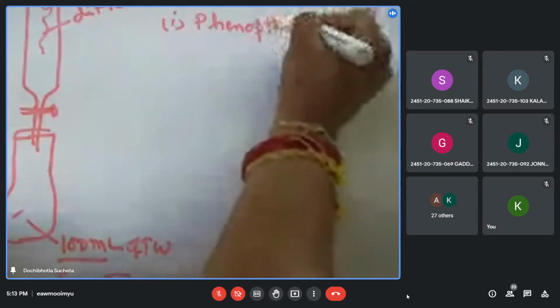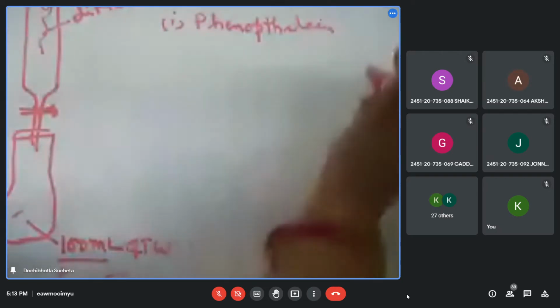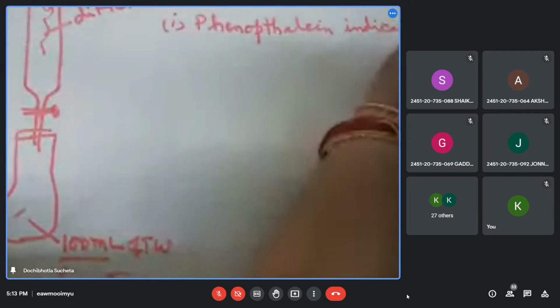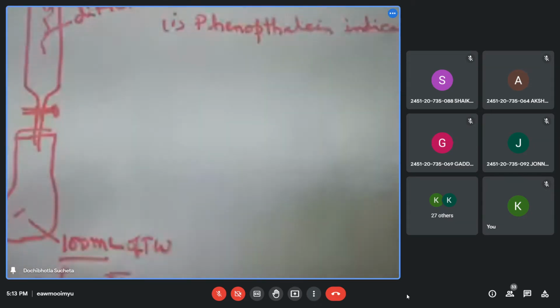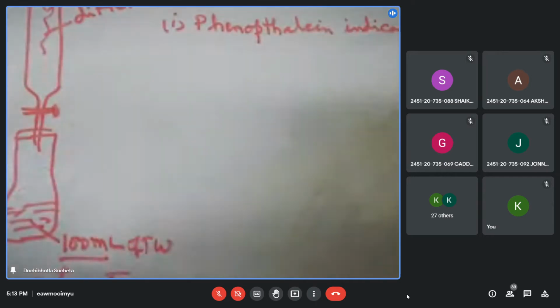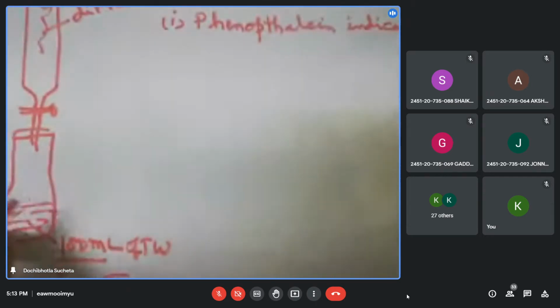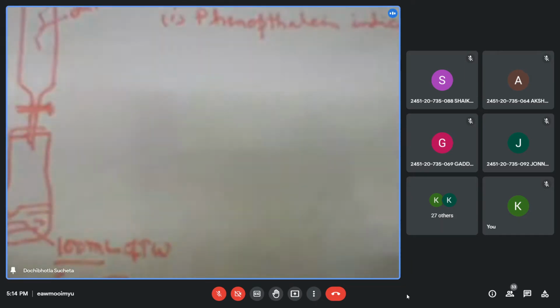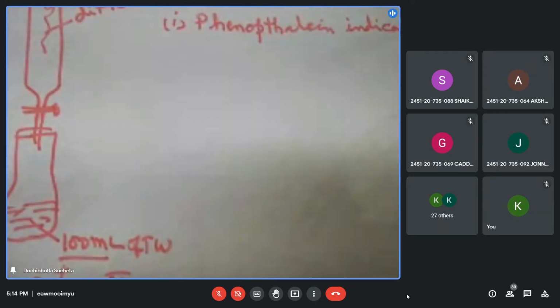Then I have a question. If I use phenolphthalein indicator, what is the color of the solution? I took the test water sample in the conical flask and added 2 drops of phenolphthalein indicator. What will be the color of the solution? What are the 2 colors with respect to phenolphthalein indicator?